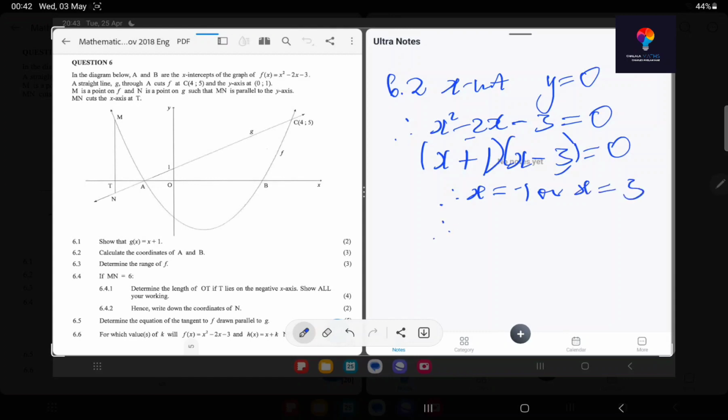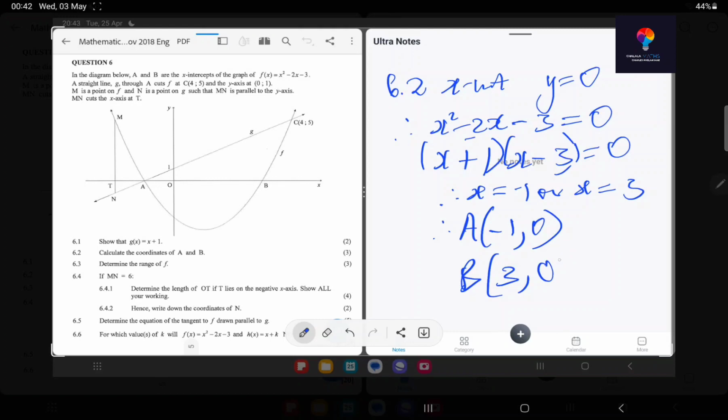Therefore, our coordinates for A and B: A, because it lies below 0, is going to be (minus 1, 0), and then B should be (3, 0).